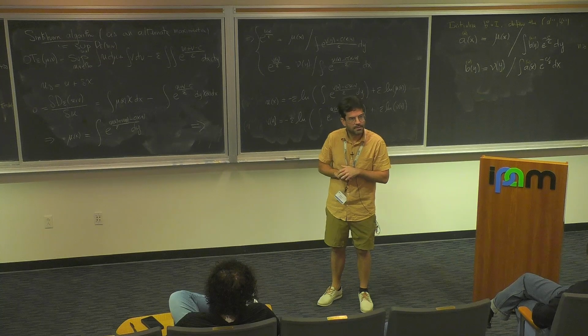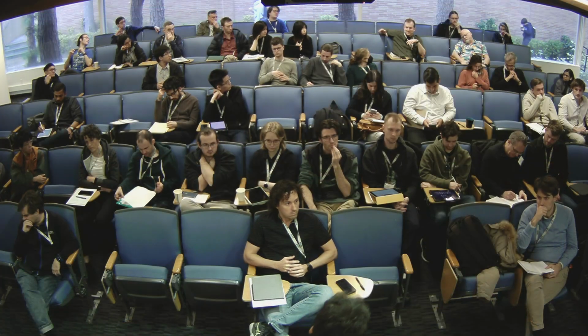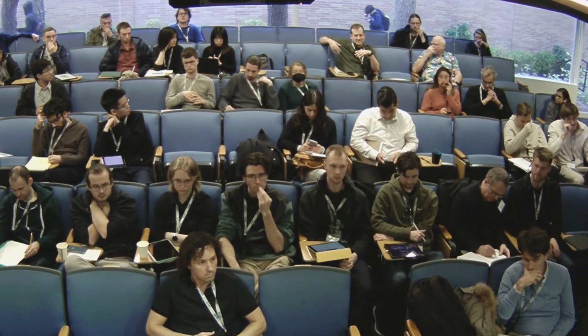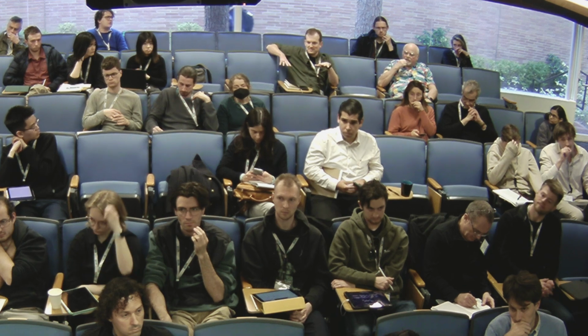Thank you for... Yes? If I'm not mistaken, there are also ways of viewing Sinkhorn as a form of mirror descent or geodesic gradient descent. Do these extend to the quantum case as well? You should talk to Zilin, so he's the right person to talk to.